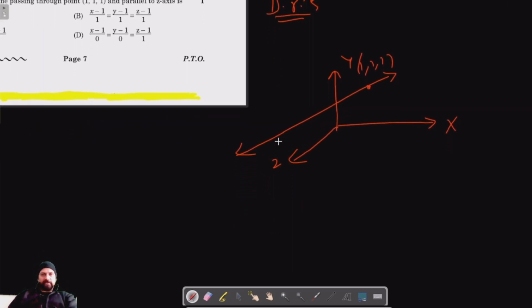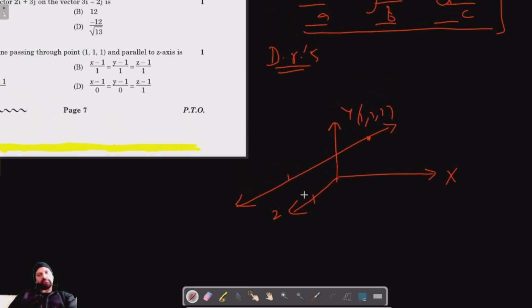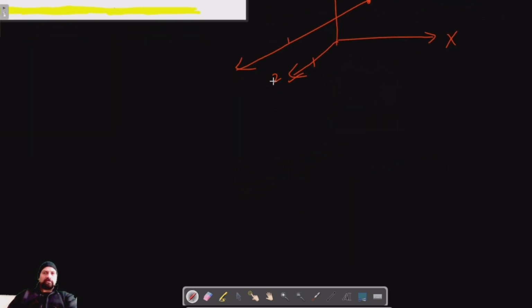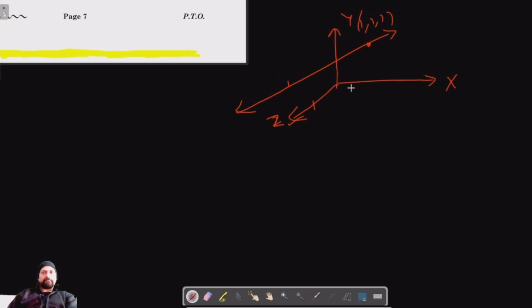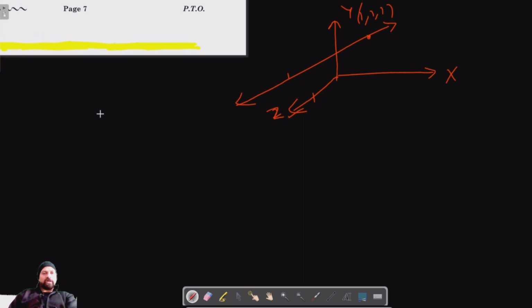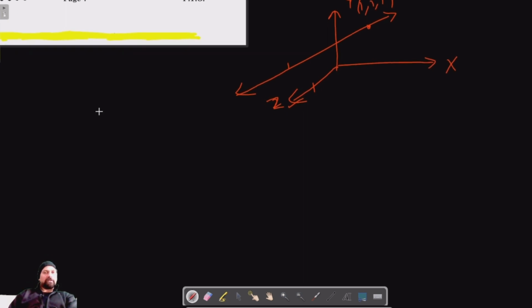This line is parallel to the z-axis, so the parallel line is the z-axis. That means it is perpendicular to the x and y axes.